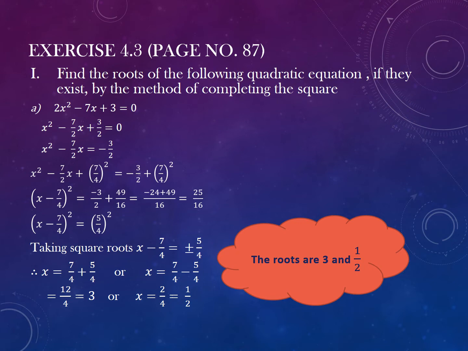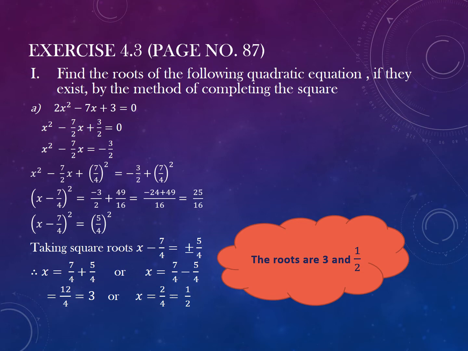Now in step number 3, the coefficient of x is 7 by 2 and we need to take half of the coefficient of x, that is 7 by 2 divided by 2, which is 7 by 4. Square it.